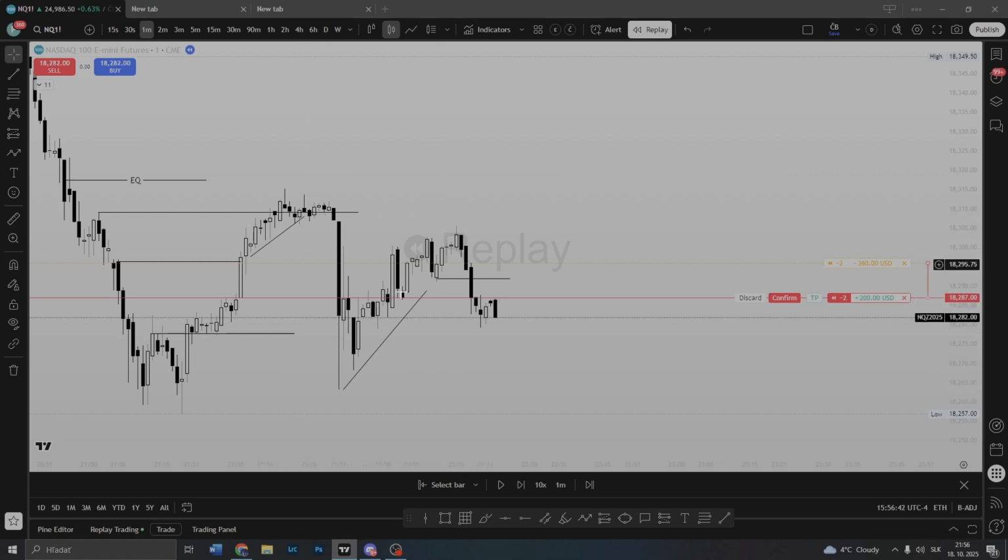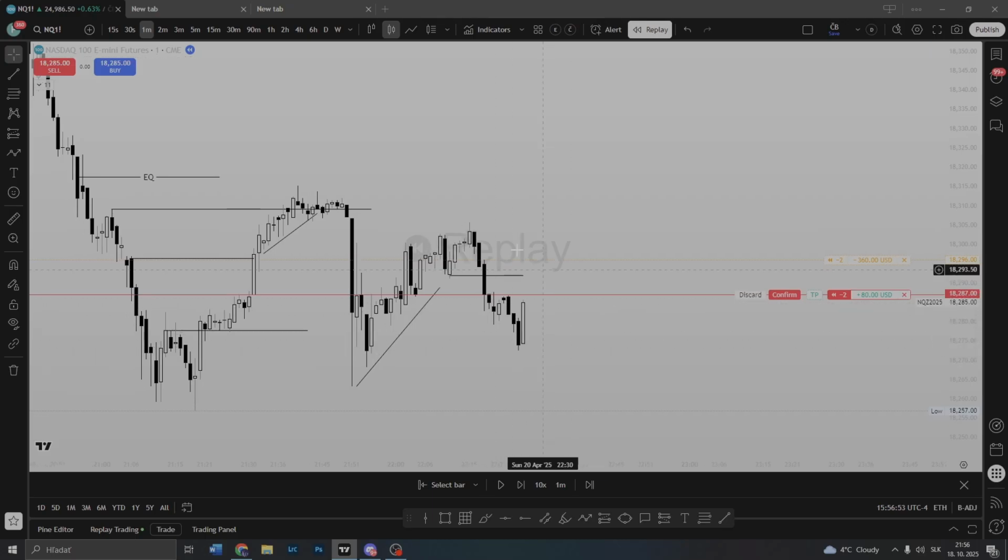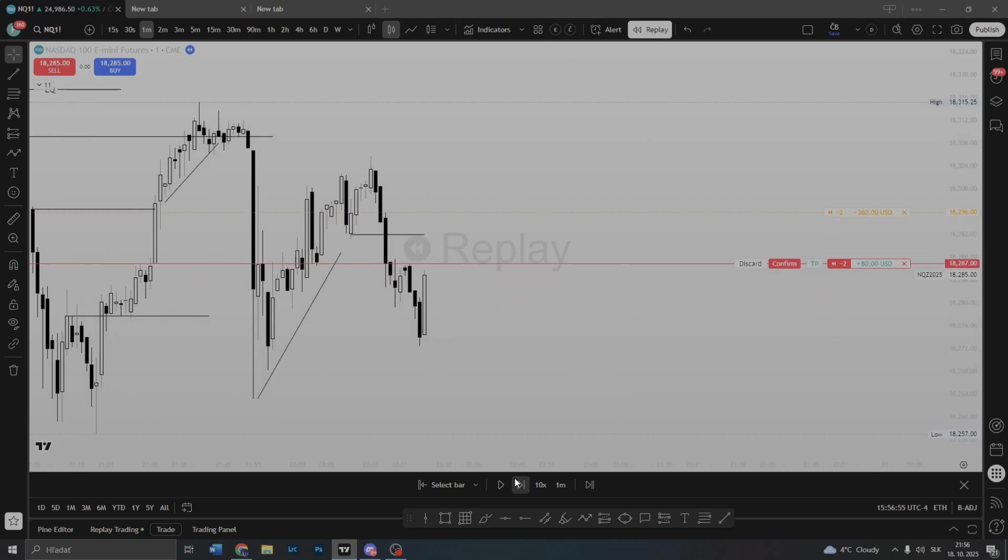Okay, we are rebalancing this range right now. Three consecutive candles, one big candle like this. It's not looking so good for me. Okay, we soup high one more time.